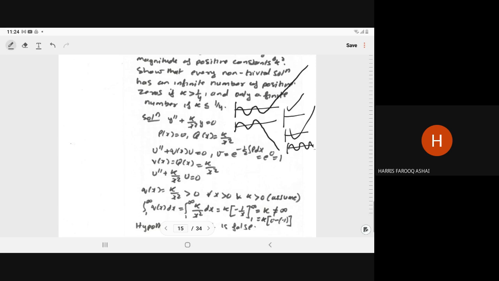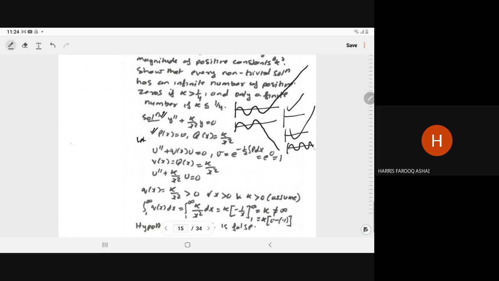It is already in the normal form, but just to demonstrate, I am converting it. So y double dash plus k upon x square y is equal to 0, where capital P is equal to 0 and capital Q is equal to k upon x square.